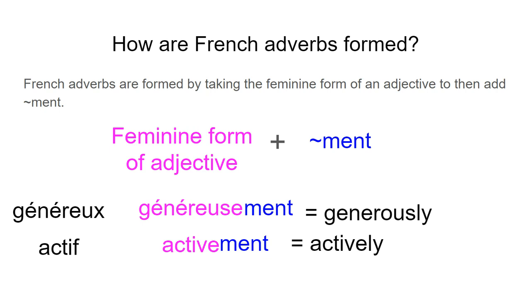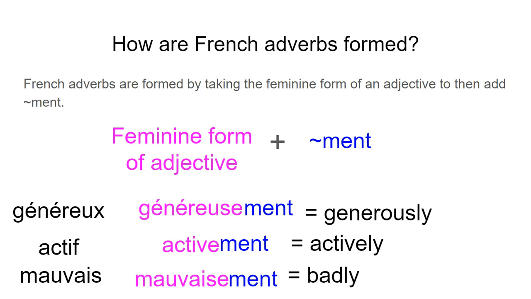And then just to give you an example of a regular adjective where you would just add an E to make it feminine, mauvais, bad. The feminine form is mauvaise. Add this ment for mauvaisement, which is equal to badly. All right.